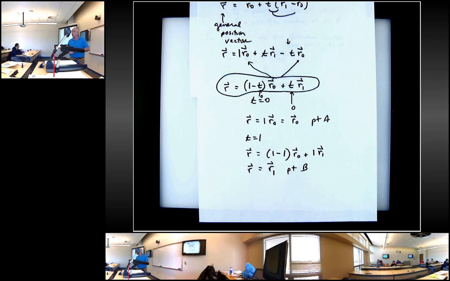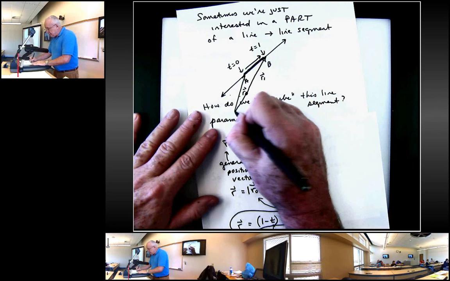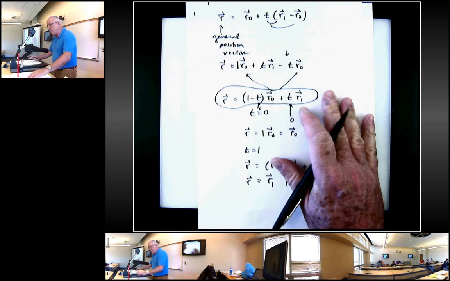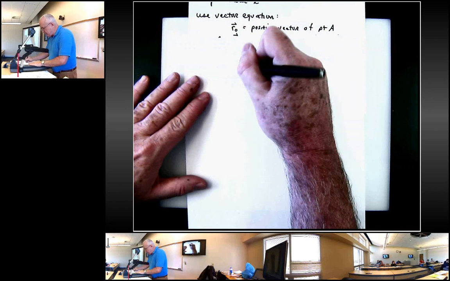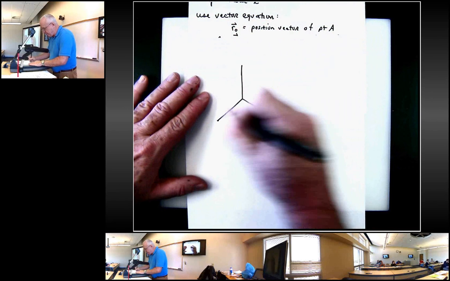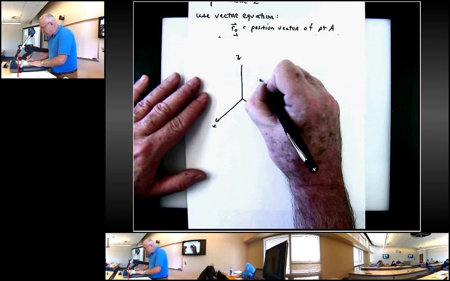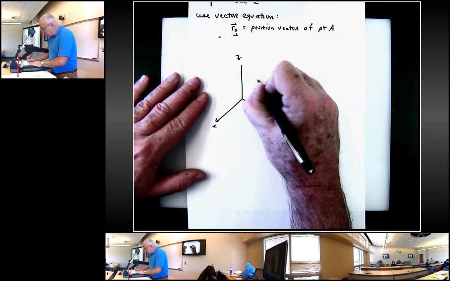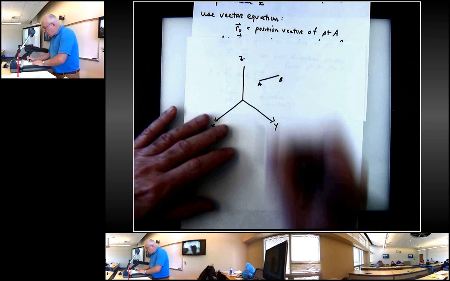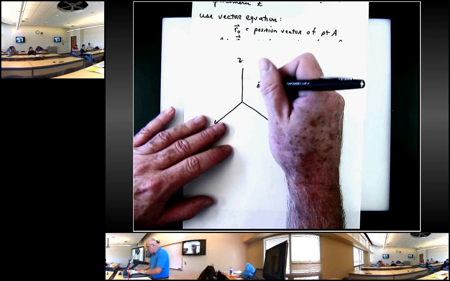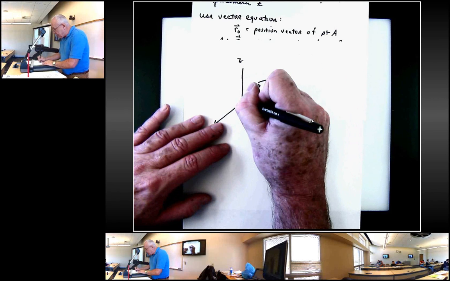Yes, Jenna? For the picture that you drew there, which lines are R0 and R1? Okay, let's pretend that this is the origin. Let me draw a new picture. Let's say that up here is our segment from A to B. When we talk about the position vector of a point, we're always talking about it starting at the origin.